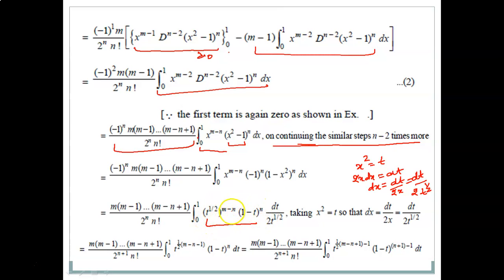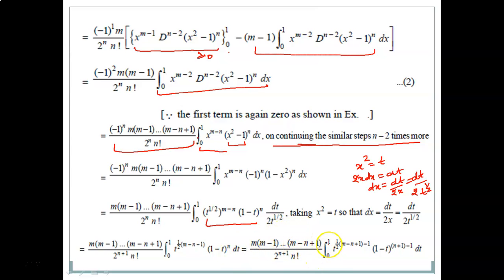After simplification we can write it as 1 by 2. When you take t by 2 in the numerator here, it becomes t raised to power 1 by 2 into m minus n minus 1, and here 1 minus t raised to power n dt. The outside term is here.